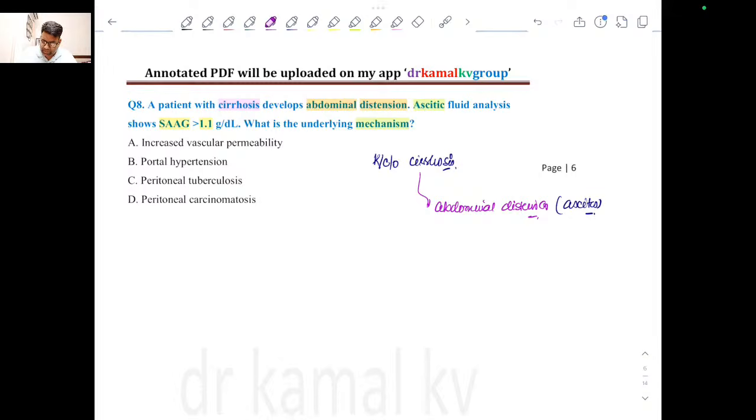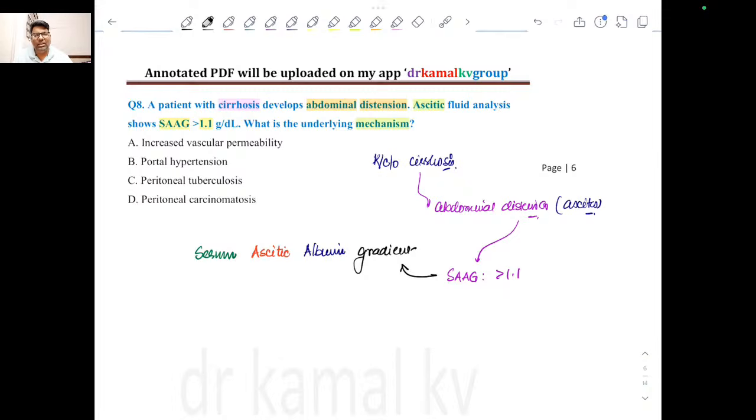So now when this ascites is evaluated, the SAAG is more than 1.1. So now what is this SAAG? SAAG is serum ascites albumin gradient, S is serum, then ascitic fluid, and what we are checking here is albumin, right. So this is SAAG.